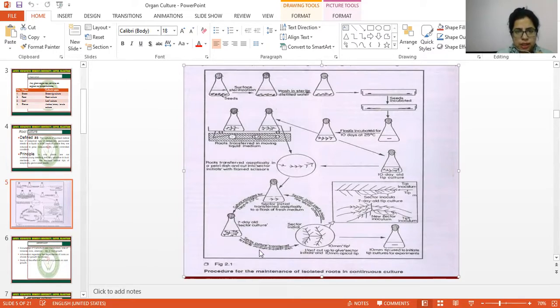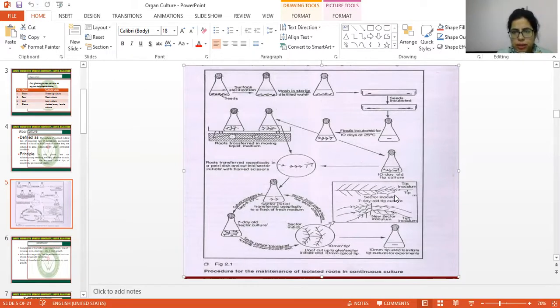Now this sector culture is transferred to sterile medium in a petri dish, meaning you have to prepare the media, pour it into a petri plate, and transfer these sector cultures into it. Especially the 10 millimeter tips you have to shift, and these roots are cut to give sector initials and 10 millimeter apical tips.